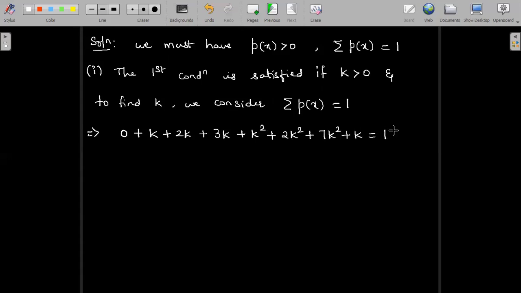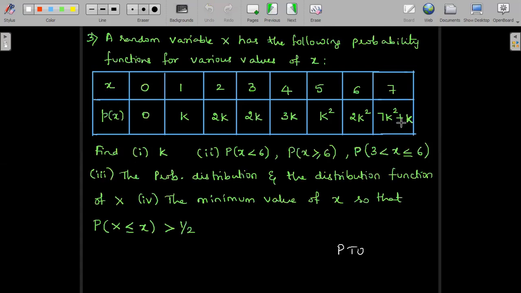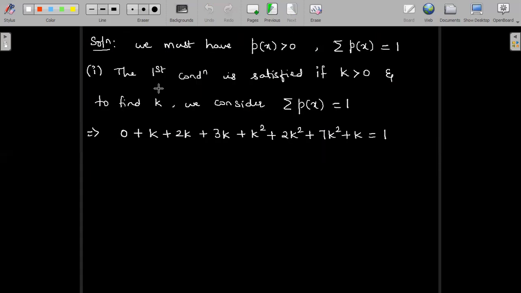And this should be equal to 1. So we are taking all these values of P of x, summing it up, and equating it to 1 to find the value of k. That is one of the conditions to say it is a discrete probability distribution.